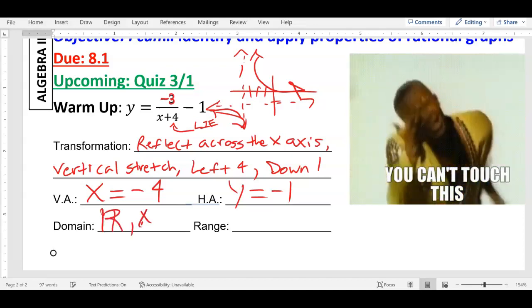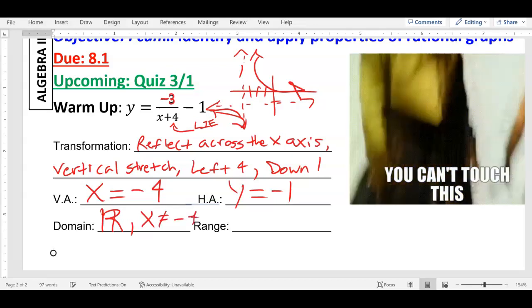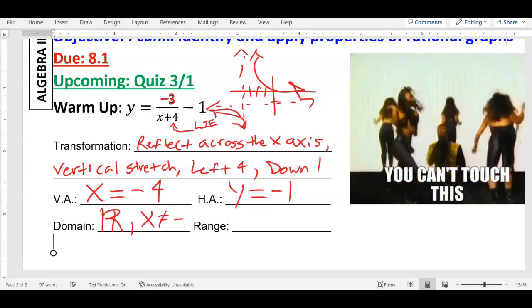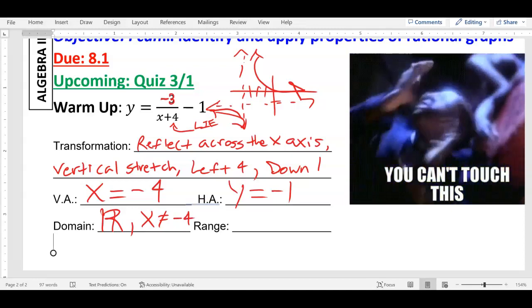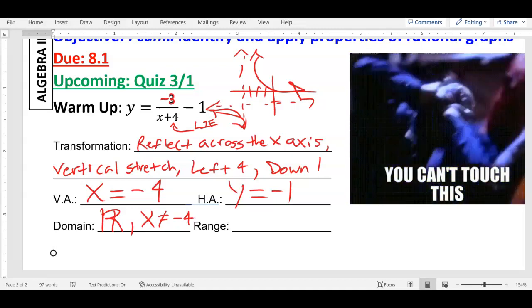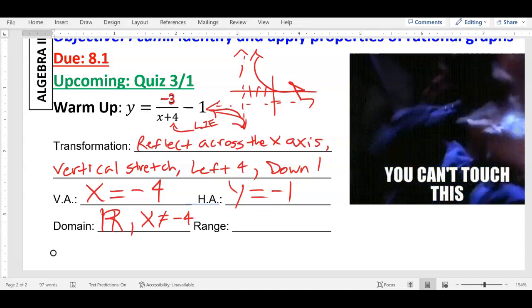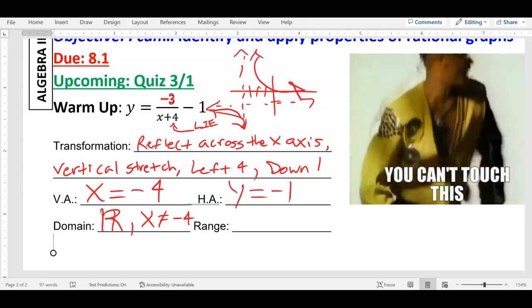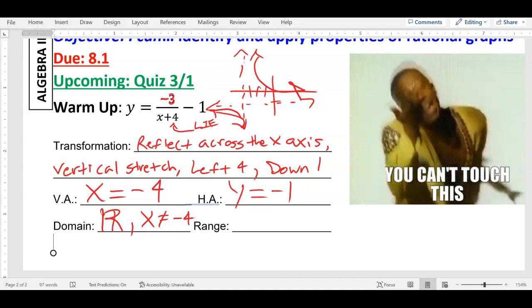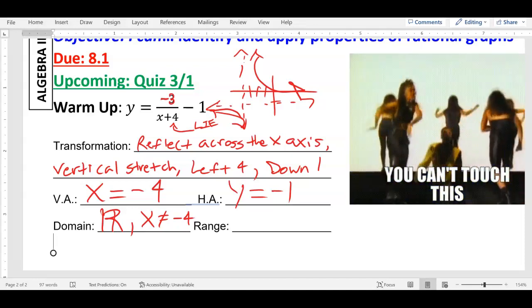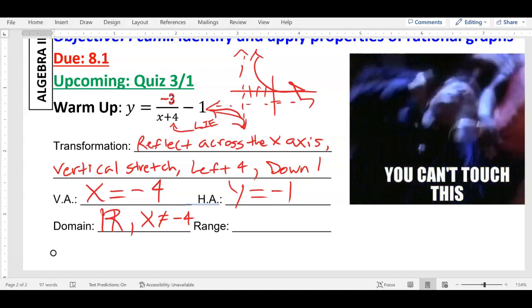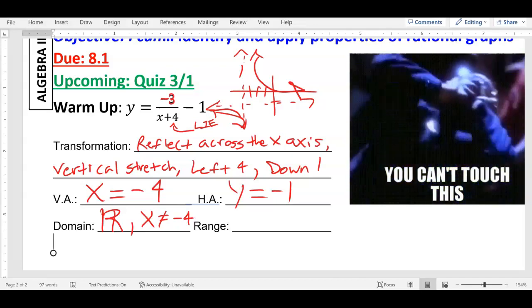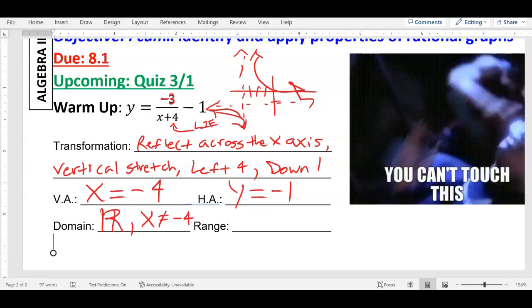Okay, and then for range, my range is vertical, right?